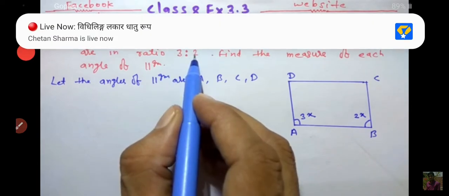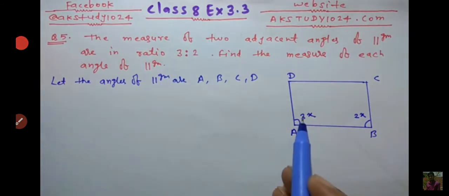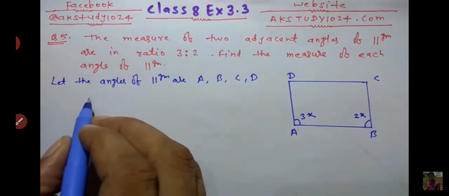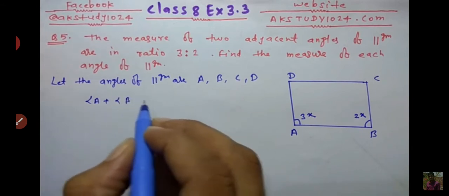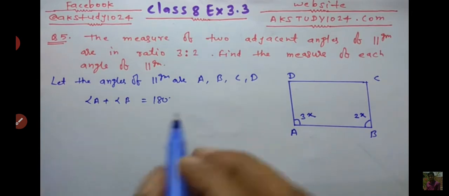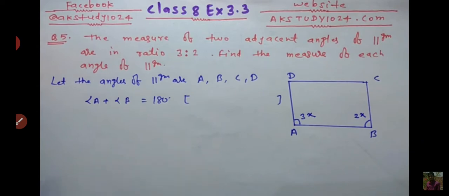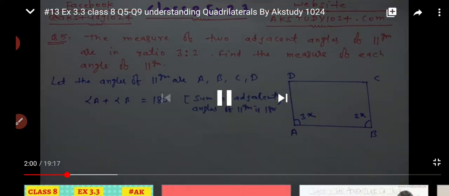And what is the adjacent angle property of a quadrilateral? The adjacent angle property tells us adjacent angles are always supplementary, which means angle A plus angle B is equal to 180 degrees. So our equation is: the adjacent angles are supplementary.